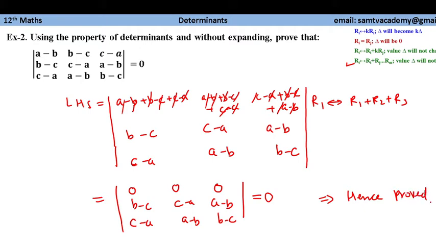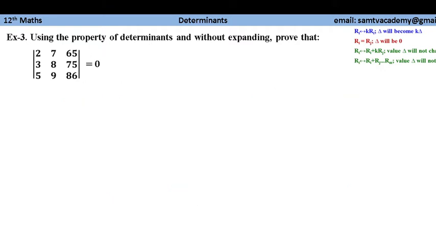Now come to the next question, question number 3 of exercise 4.2. In this question also, by using the property of determinant and without expanding, we have to prove that this determinant is equal to 0.